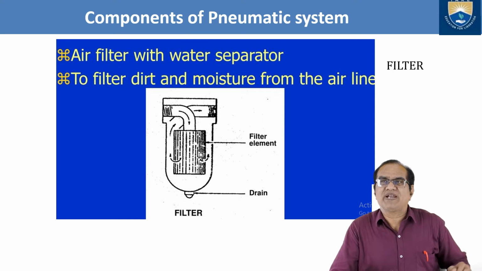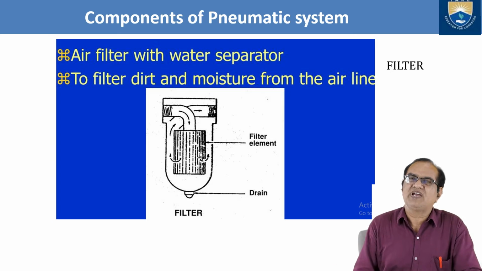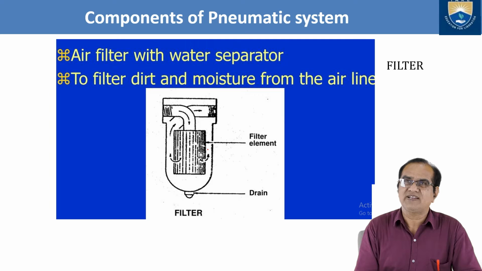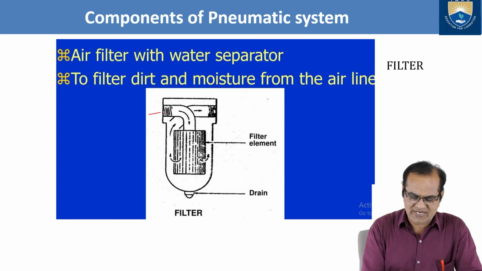Here I have depicted a filter which is used for the pneumatic system. The air filter with water separator filters dirt and moisture from the airline. The air comes in here, is filtered from this side, then moves here and goes out.